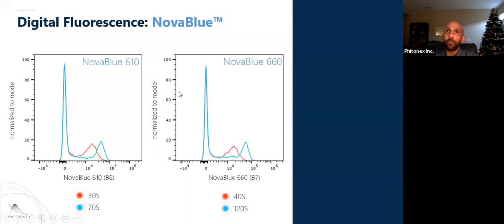And this is just an example of the S versions of NovaBlue 610 and 660 on CD4. We can see that the 70S is about 2.5 times brighter than 30S, and the 120S is 3 times brighter than the 40S version. So it's a really easy way to match fluor brightness to antigen density without completely rebuilding your panel.